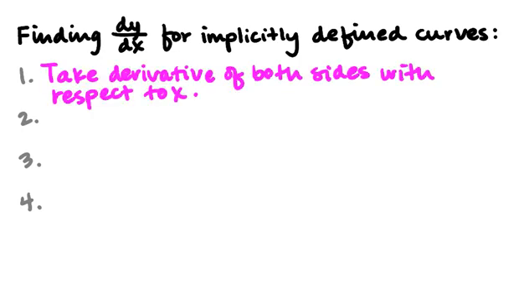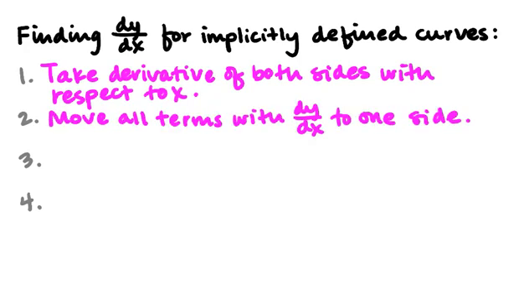Then we're going to have an equation that has some dy/dx's in it, because it's implicitly defined. So there's a y in there, and that'll cause there to be a dy/dx. We're going to move all of the things with dy/dx to one side of the equation while clearing everything else out to the other. Then we're going to factor out the dy/dx, and then solve for dy/dx by dividing.